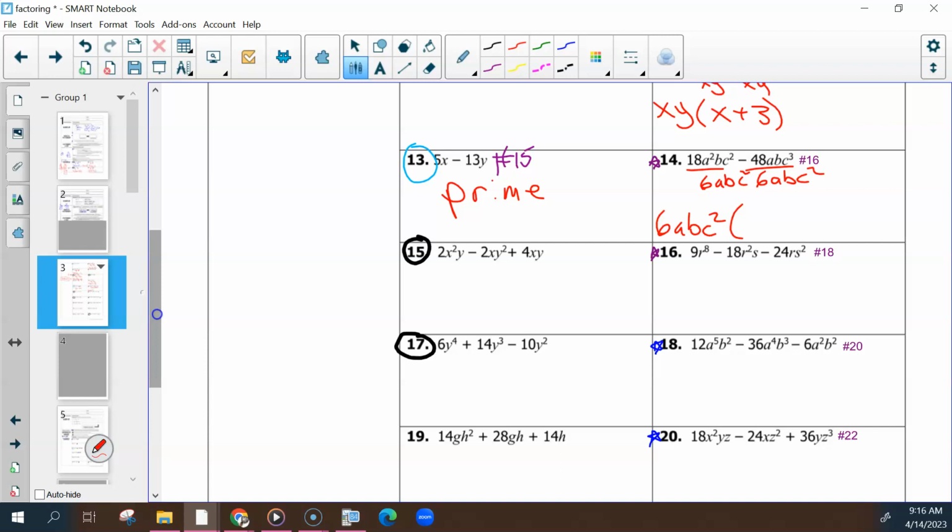Look at the lowest amount of exponents. Because I can't take 2 out of 1, I wouldn't have anything left. But I can take 1 out of 2, so always look for the lower one.